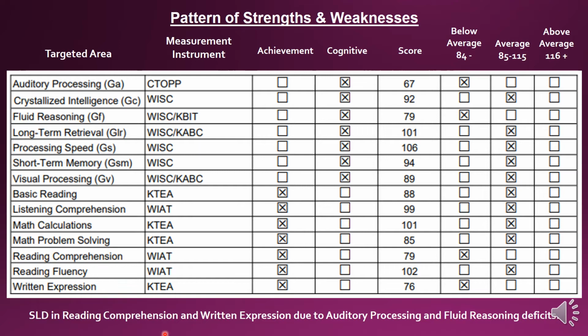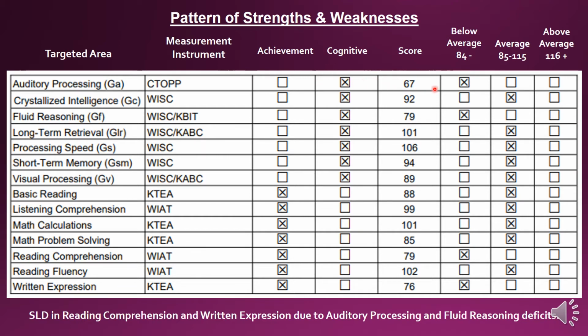We already talked about how the hallmark of a specific learning disability is a pattern of strengths and weaknesses. You have to find a cognitive pattern of strengths and weaknesses and an achievement pattern of strengths and weaknesses, and then they have to match up together, right? This is the one we looked at earlier.